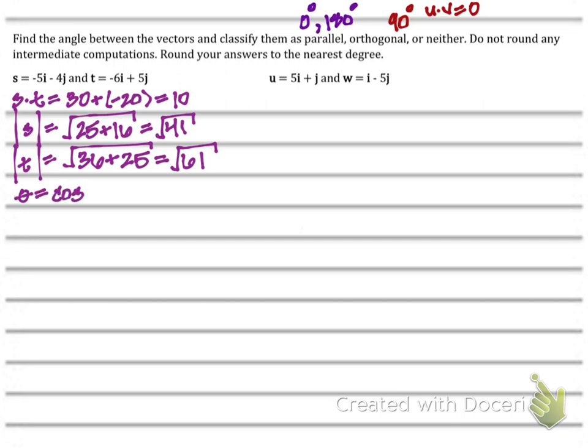This is the inverse cosine of the dot product, which was 10, over the product of the magnitudes, square root of 41 times the square root of 61.